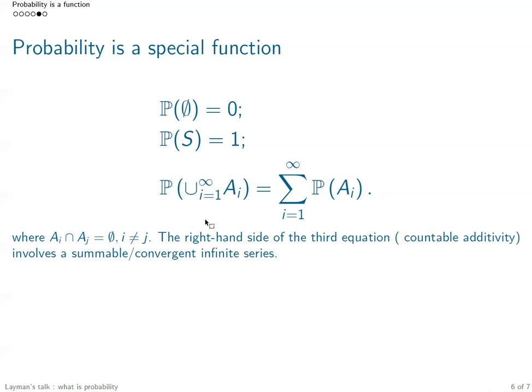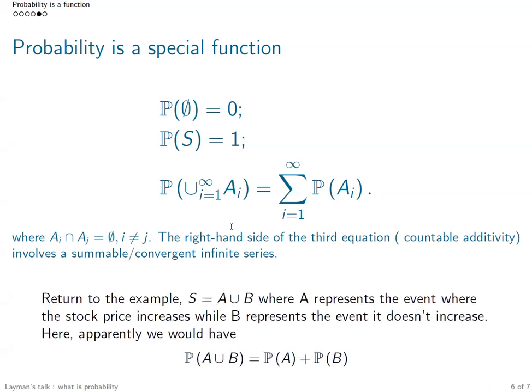The third equation basically implies the probability of either A or disjoint event B happening should be the sum of their individual probabilities. Returning to the example, where A represents the event where the stock price increases, B represents the event it does not. Apparently, the probability of the union should be equal to the sum of the individual probabilities. In this way, I guess the third equation is not that hard to memorize, right?